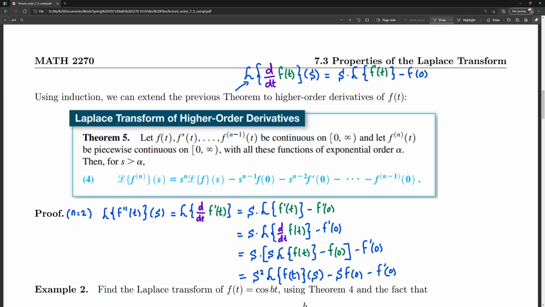So we have s squared, then s to the power 2 minus 1 is just s times f of 0, and then the n minus first derivative is f prime of 0. So that is the proof for the case n equals 2. And then we can go farther by saying the f triple prime is the derivative of f double prime. And so you can get as high as you want in terms of the degree.